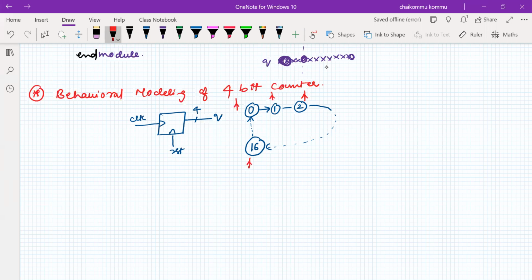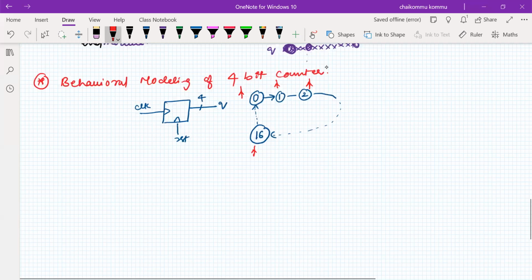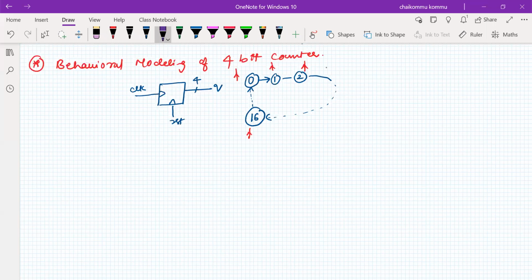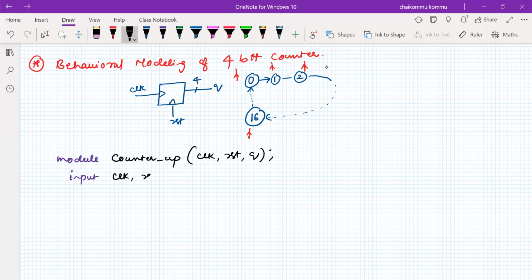So this is what we have to write now. Let us write a module here, very simple, counter underscore up. What do we need to know? Clock signal, reset signal, Q value, that's all. The inputs here are clock and reset signal.